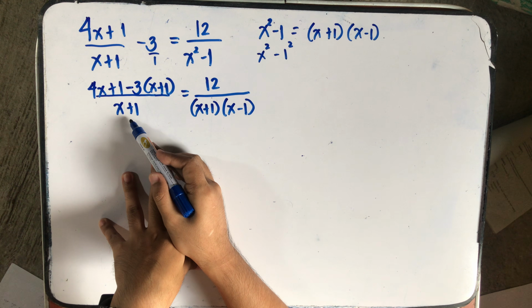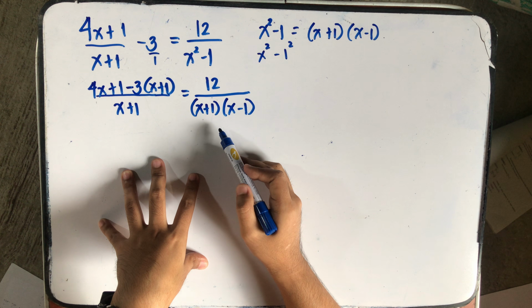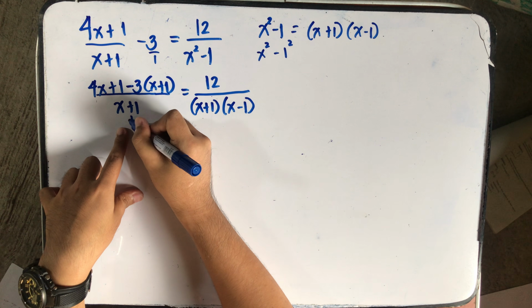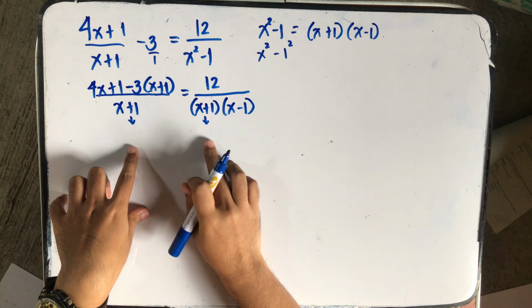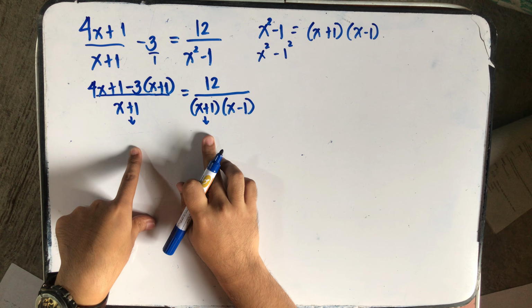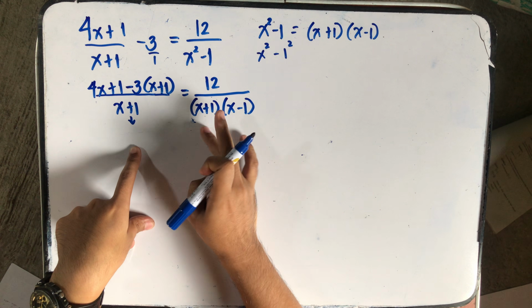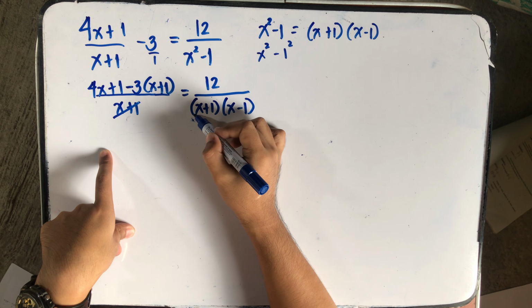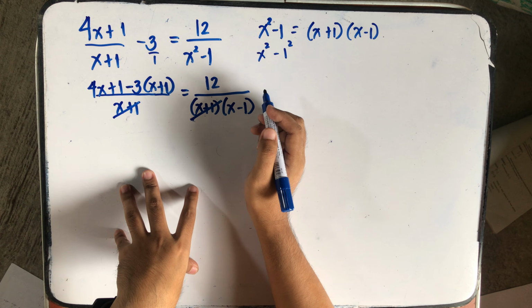The left side contains x + 1 and the right side contains (x + 1) times (x - 1). They both have x + 1, right? If they have the same factor in the denominator, all we have to do is to cancel it out. We need to cancel this out.